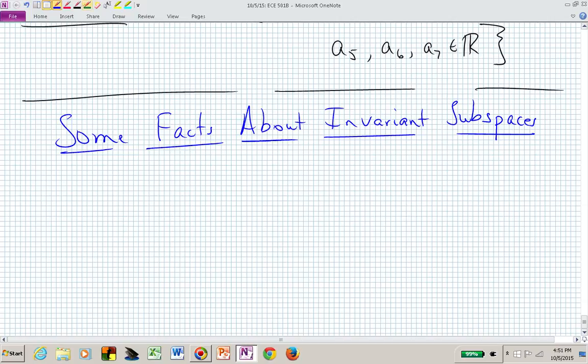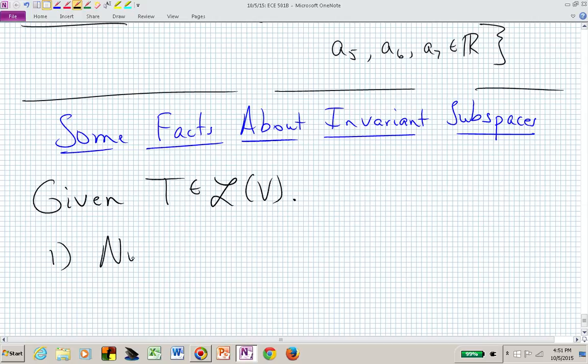Let's start with a linear map or an operator, T. The first fact is that the null space of T is invariant.